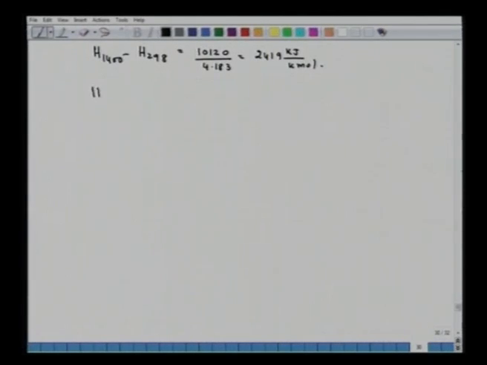Then H 1500 minus H 298 for CO2 is equal to 14780, this is in kilocalorie per kg mole.